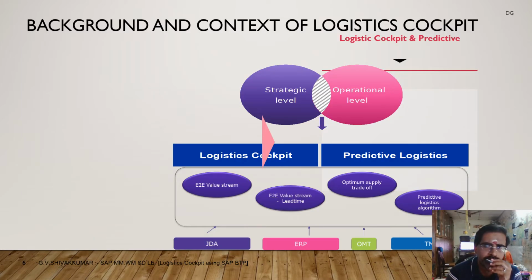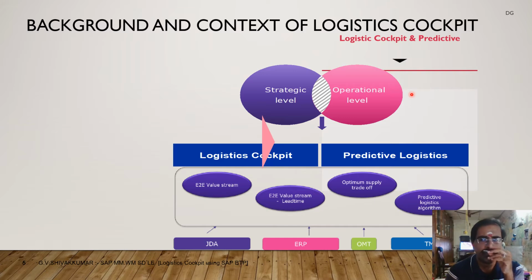So next we are seeing the background and requirement of logistic cockpits, right? Before considering any system, we need to consider two important things: the strategic level at the corporate level, and the operation level at the manufacturing or business user level. For that we need to have a logistic cockpit with analytical and predictive diagnostics involved.